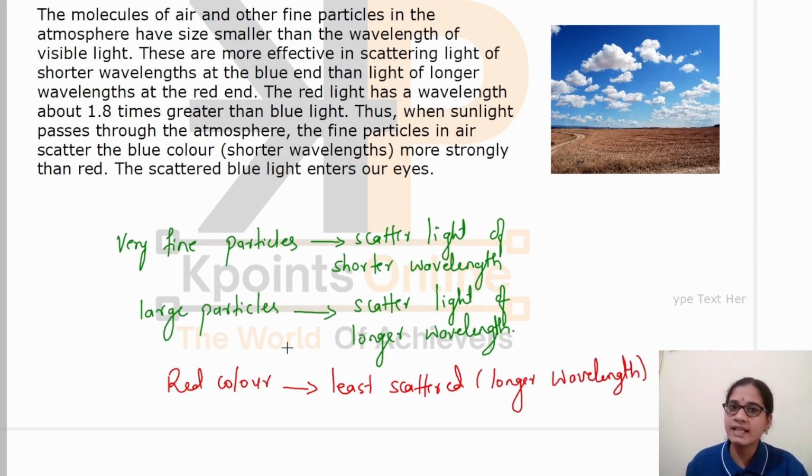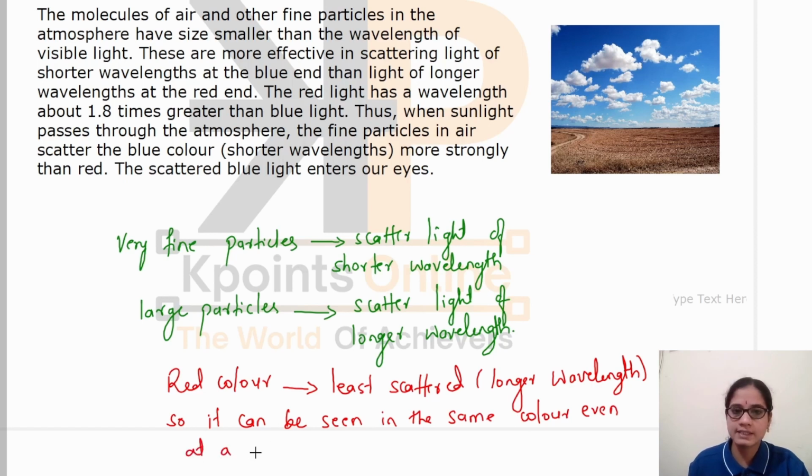The more the wavelength, the less the scattering. The lesser the wavelength, the more the scattering. So it can be seen in the same color even at a distance, because of which danger signals are given the red color, as it is scattered least.